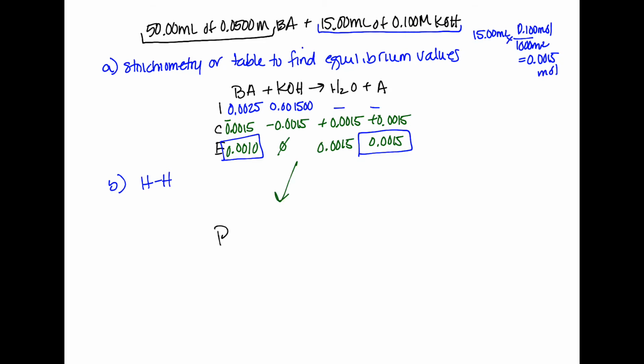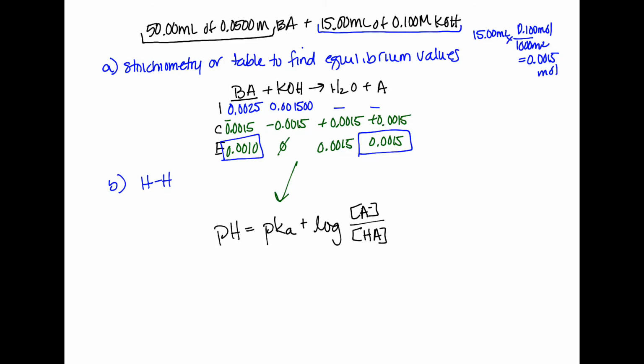So the Henderson-Hasselbalch equation says that the pH is equal to the pKa, which was given in our problem here, plus the log of the conjugate base over the weak acid. And I know I've written HA there, that's just a really generic term for a weak acid. Our weak acid is benzoic acid, and we've just been abbreviating that BA.